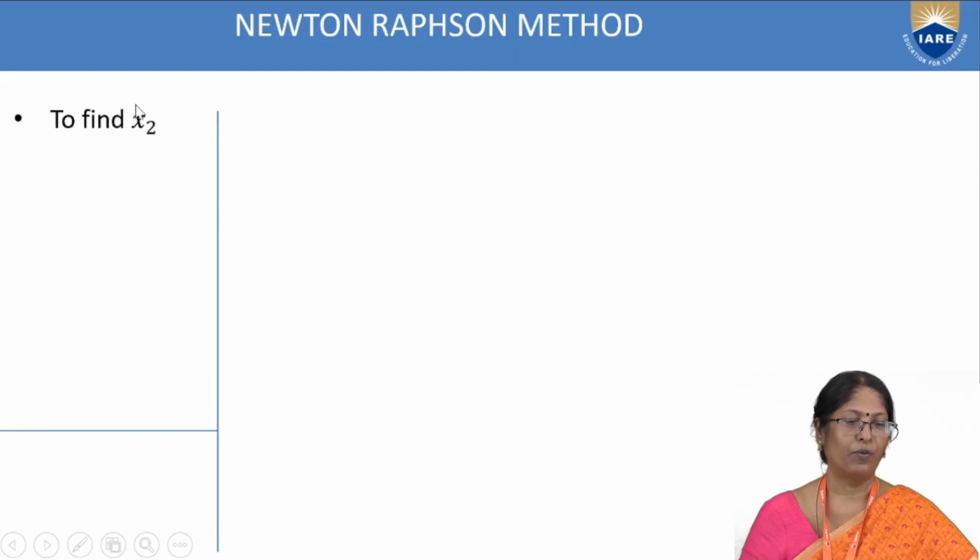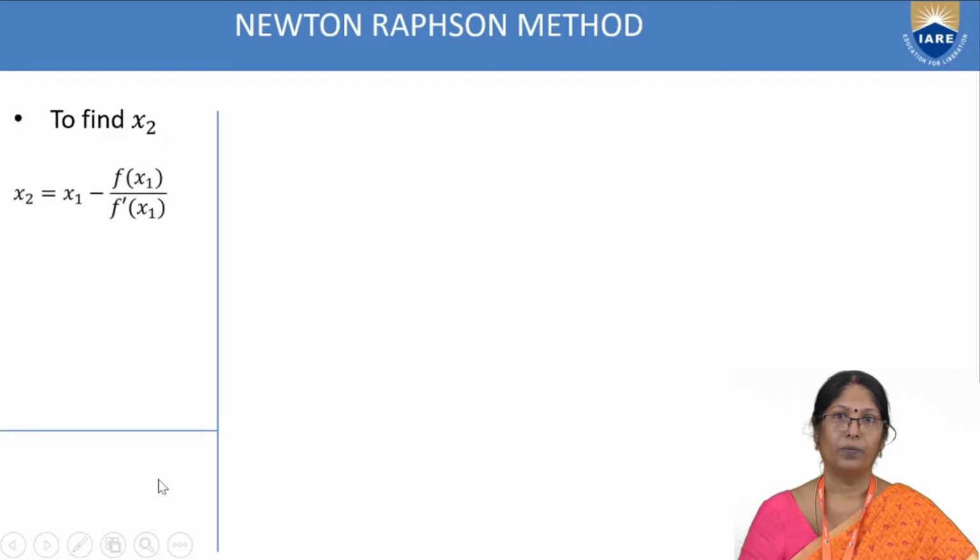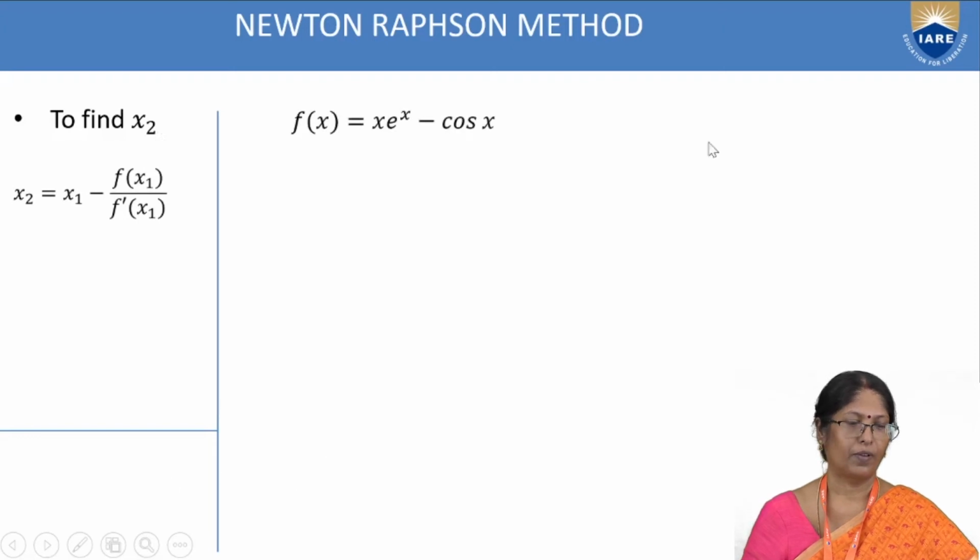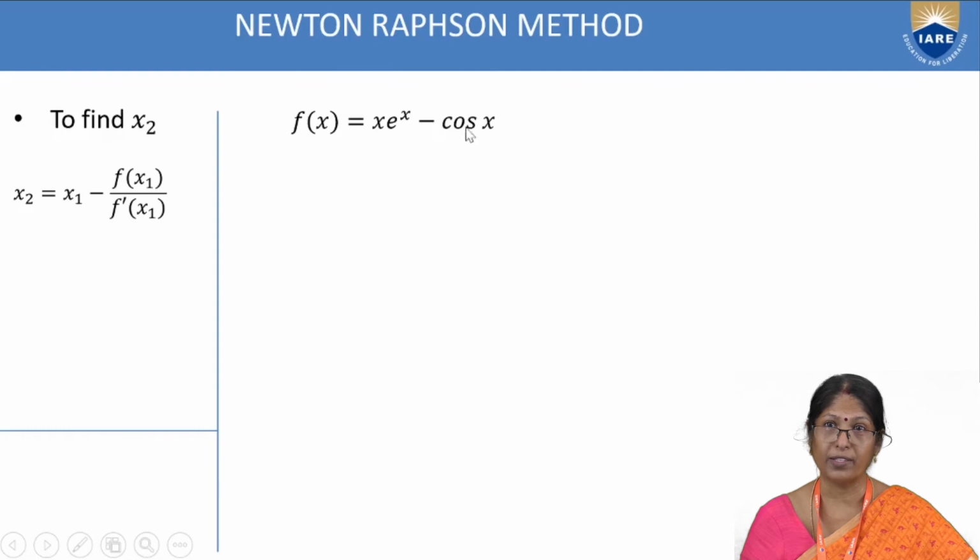Now we will find x2. The formula for x2 is x1 minus f of x1 by f dash of x1. So we are writing here f of x equal to x into e power x minus cos x.